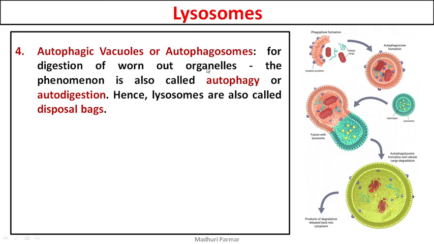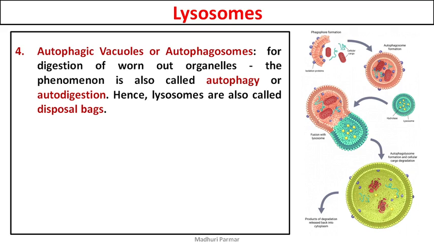After some time, after the organelles have been formed and have been working, there is a possibility that they become worn out. They have some damage, or they are not functioning properly, not working efficiently. The efficiency has decreased. In such cases, these organelles are digested.